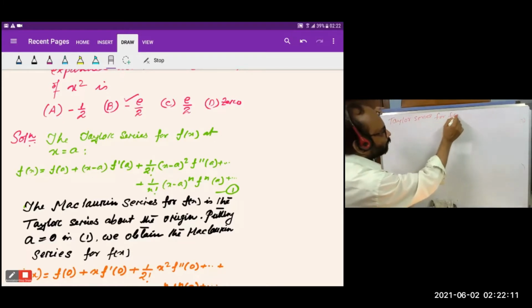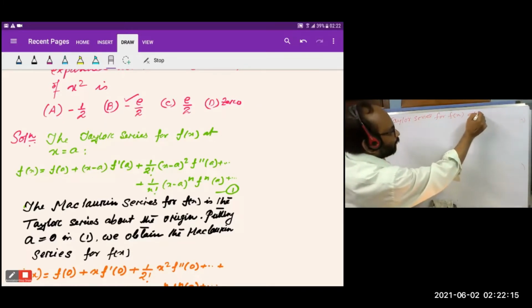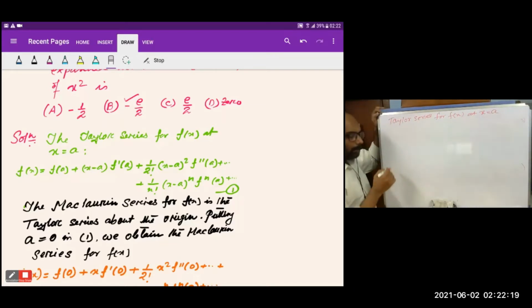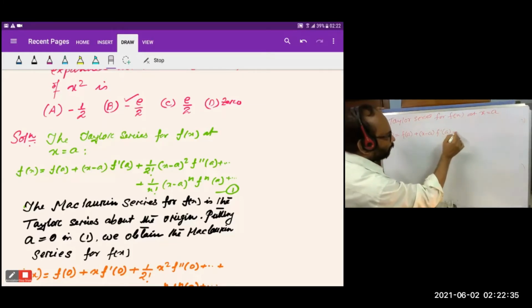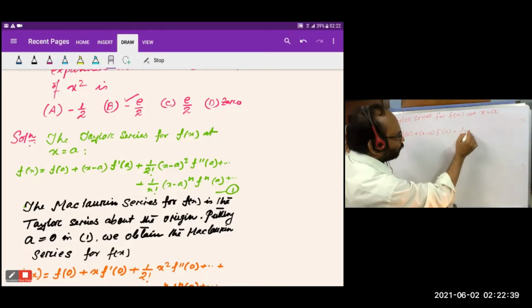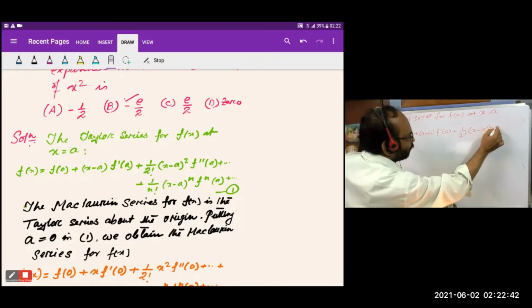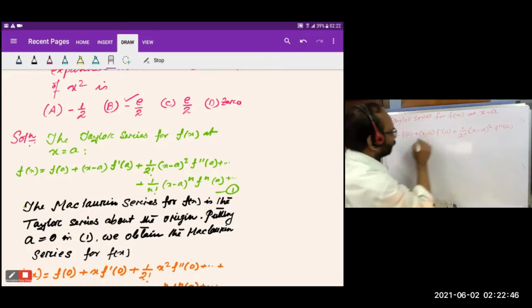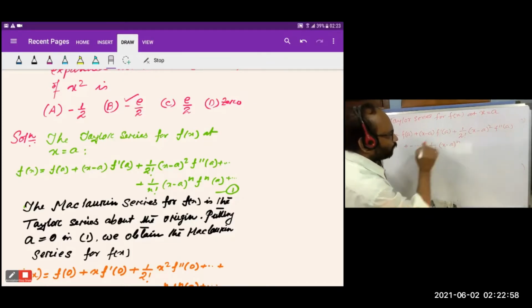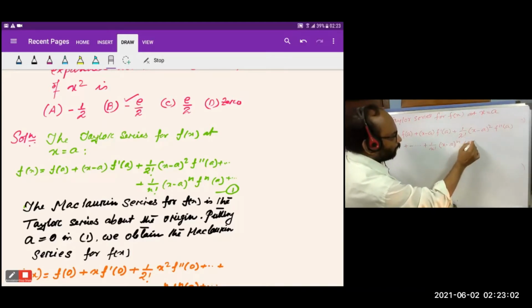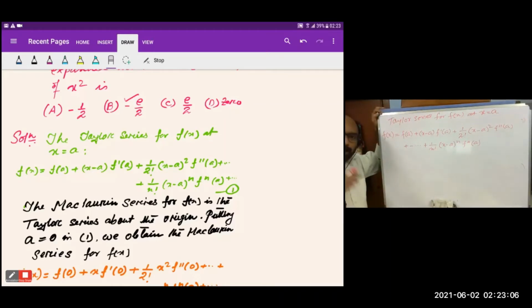for the function of x, that is f(x), at x equal to a is given by f(x) equals f(a) plus (x minus a) f dash a plus 1 by factorial 2 (x minus a) square f double dash a, dot dot dot, 1 by factorial n (x minus a) to the power n, then nth derivative of that function at x equal to a.